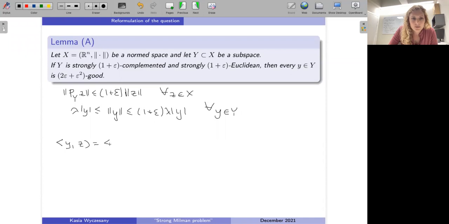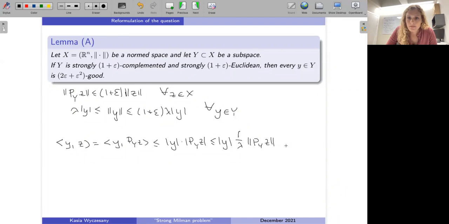I know that this scalar product is actually equal to the scalar product of y and the orthogonal projection of z onto Y. And this is less than or equal, by our favorite inequality, Cauchy-Schwarz, to the norm of y times the norm of P_Y z. Since the projection of z is already in Y, I can use the almost Euclidean assumption and say that this is the norm of y times 1 over lambda times the norm of P_Y z.